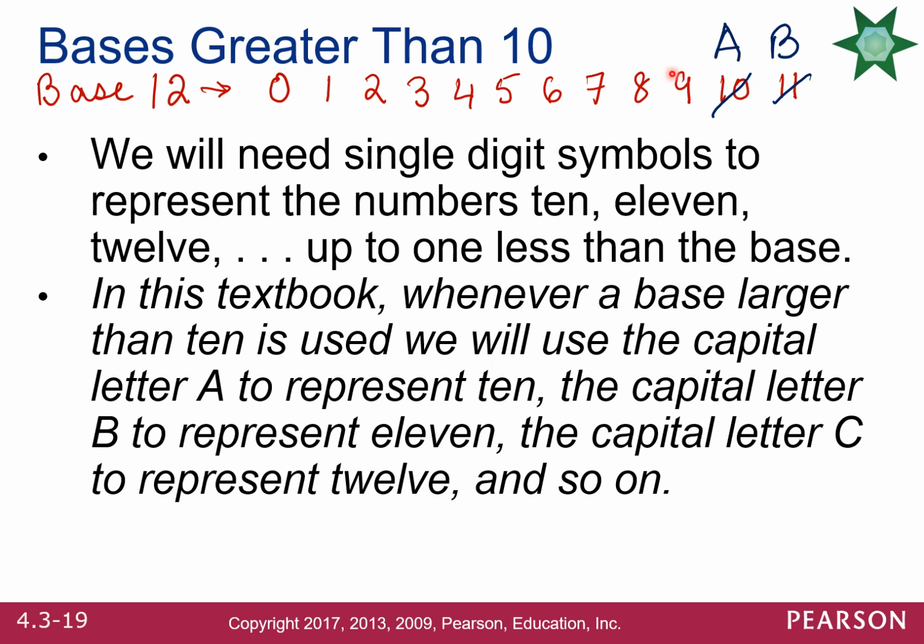So up to 9 we use the different numerals, but once we cross 9 and come to 10, 10 is written as A, 11 as B. So we will use the capital letter A to represent 10, the capital letter B to represent 11, capital letter C to represent 12, and so on. All right, so we have to keep those numerals in our heads when we go on to working with bases greater than 10, whether we are converting from one to another or we are performing any computations.